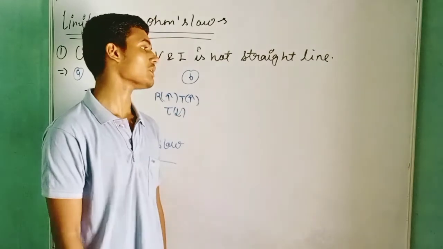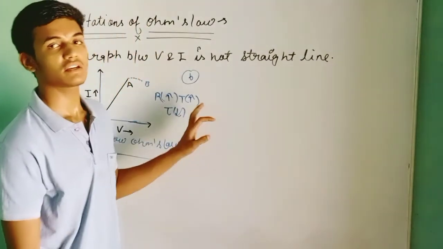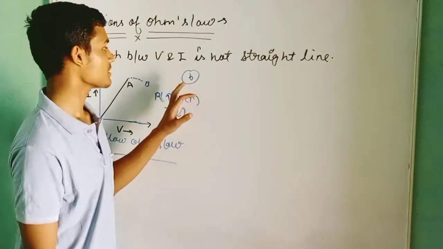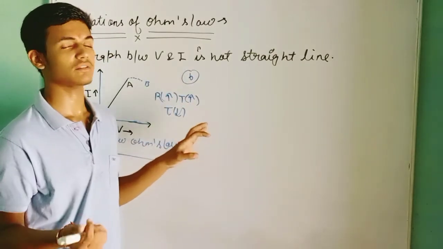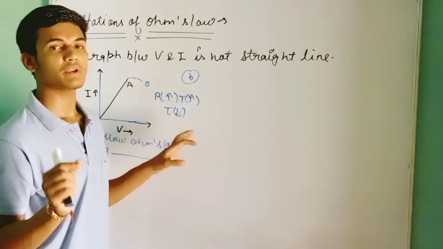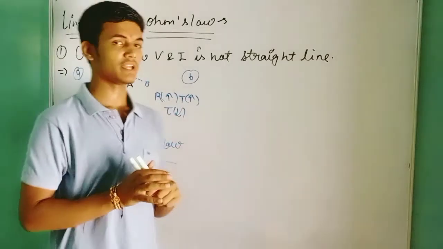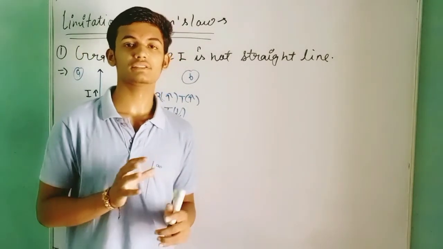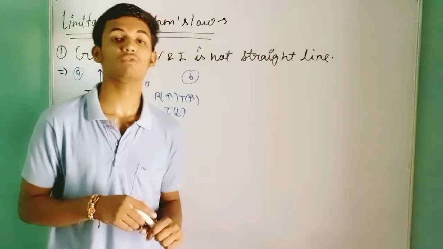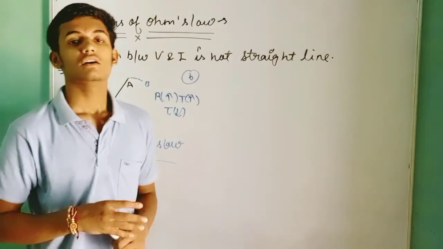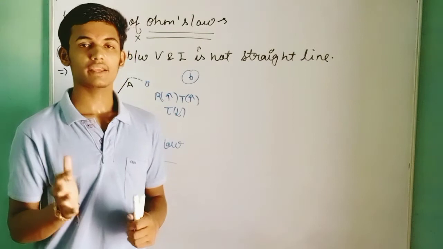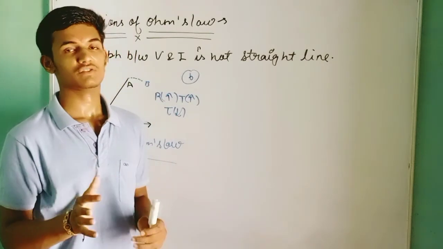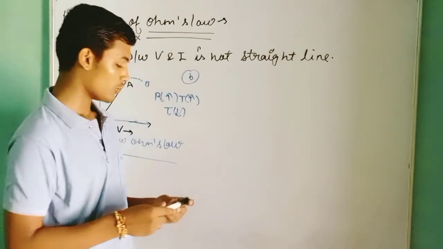So here we have to learn only the basic thing. In a diode the graph between V and I is a different type, and when we change the direction of V then the value of I is also changed, so that does not follow Ohm's law.